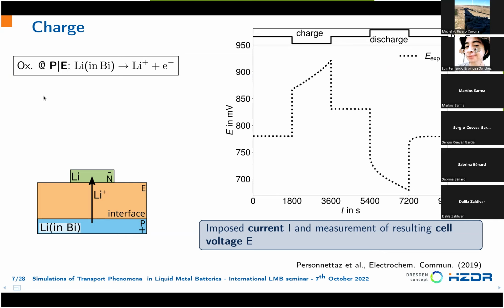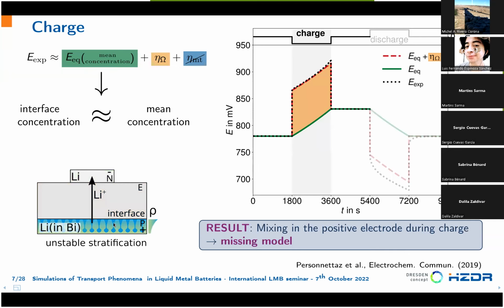During charge, we have this oxidation at the interface. This means we remove lithium from the lithium bismuth alloy in the positive electrode. And what we observe is that if we compare the experimental voltage with a simple model that considers only the equilibrium cell voltage computed with the mean concentration and the ohmic overvoltage, that is the voltage drop due to the resistivity of the electrolyte, we see that these two quantities are able to perfectly match with the experiment.